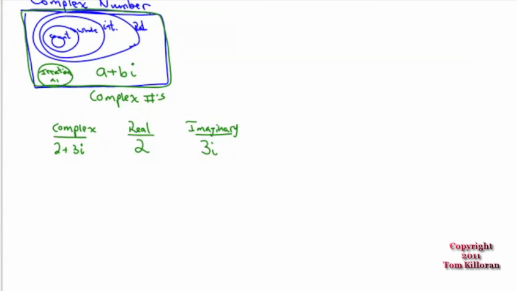All right, what if I have -5i? That's a complex number. What's the real part? Yeah, but if there isn't any, there has to be a value there. 1? No, because there's no 1 out here. 0. So the real part is 0, because it could be written 0 minus 5i. The imaginary part is -5i.